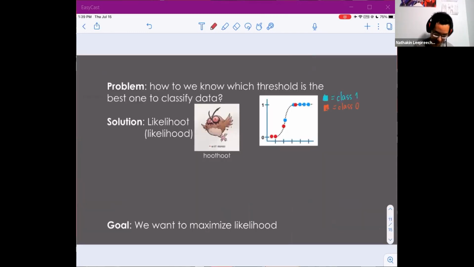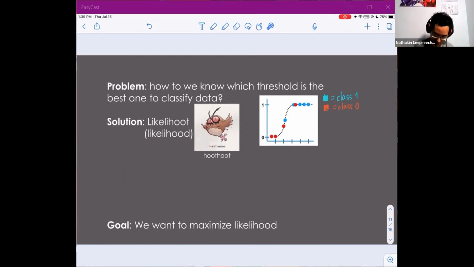And when it comes to the threshold, as we've also discussed, why do you put it at 0.5? Is there a way that you can measure how well that threshold performs? We're going to use a method called likelihood.